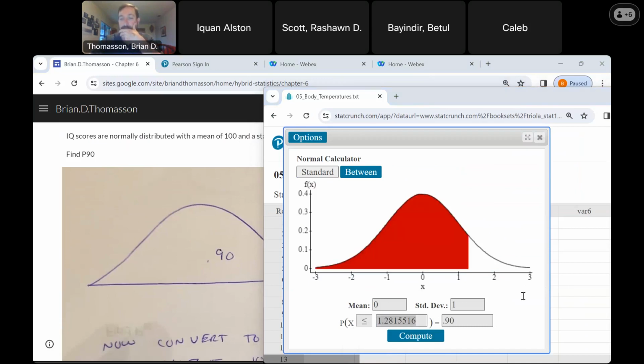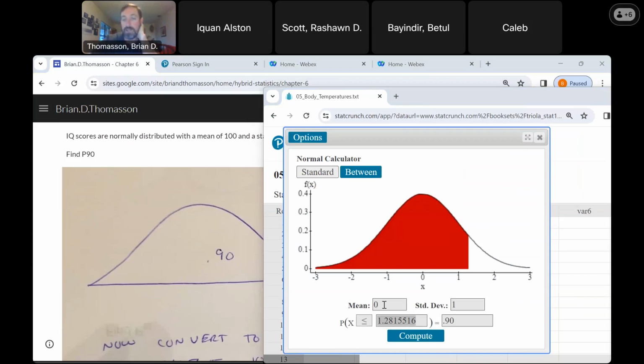Yes, we don't have to calculate the Z exactly with StatCrunch, which is lovely. StatCrunch will do all this for you as long as you give it what you need and your picture matches. You're in good shape. It'll take a few times to get practice, make sure you're dealing with the inside and the outside and all that kind of stuff. But once you get rolling, it should be very nice.